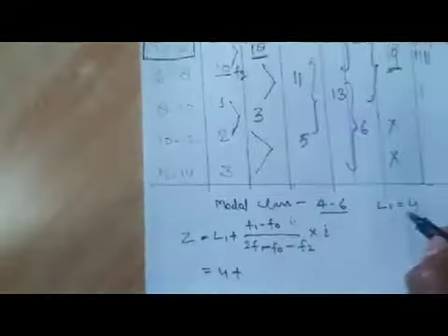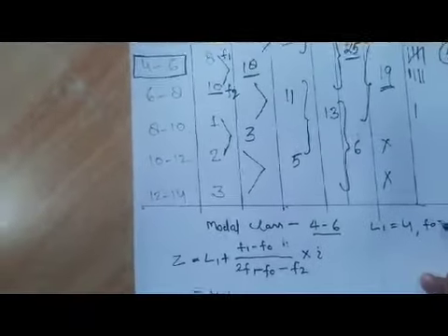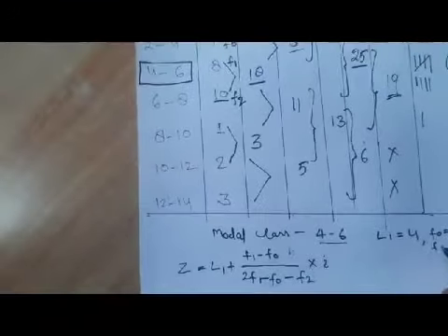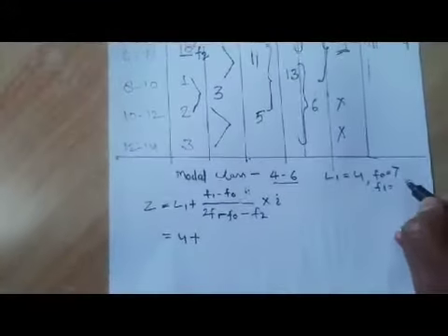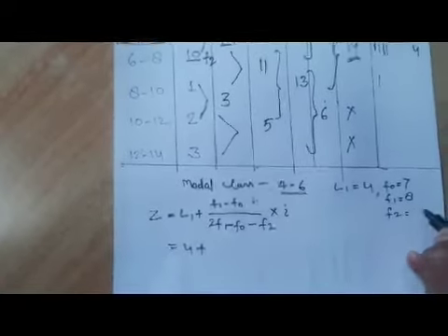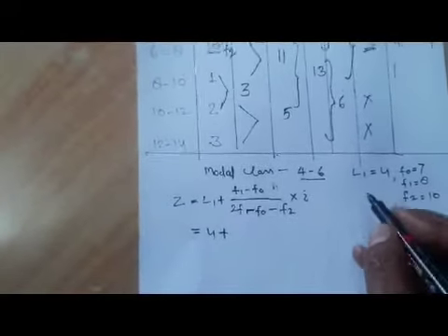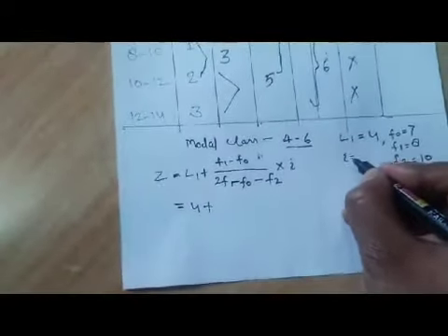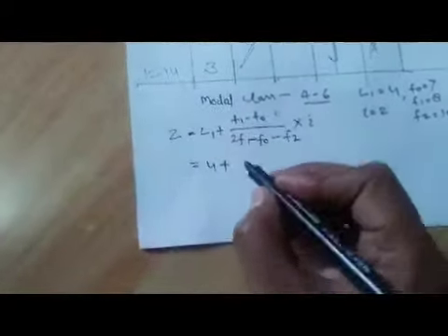So F0 is 7, F1 is 8, and F2 is 10. So we put all the values. The class interval I is 6 minus 4, so this gives you 2.